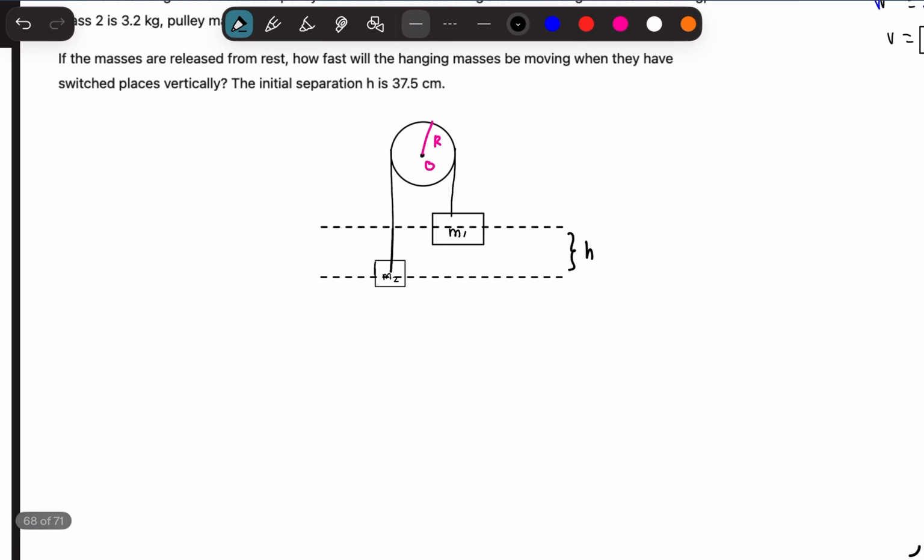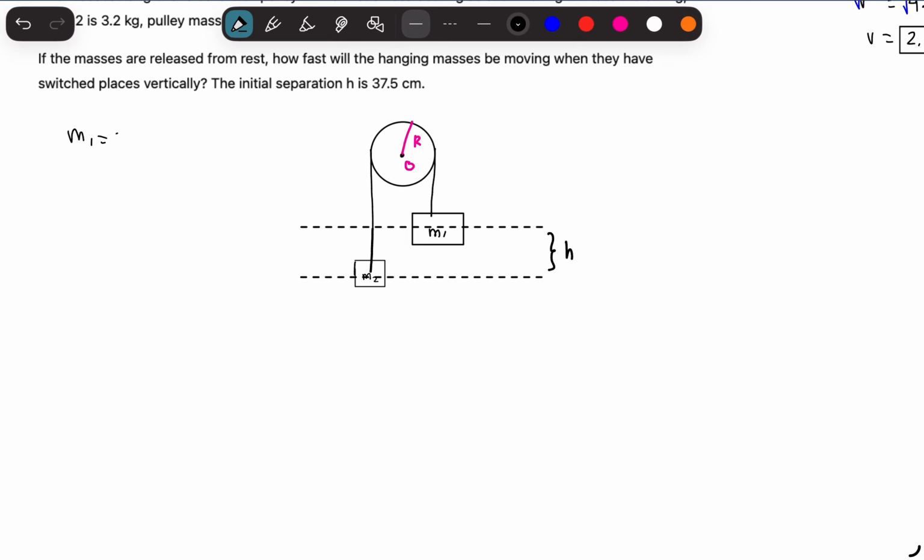So here, and for our pulley, and in meters, this is 0.14.